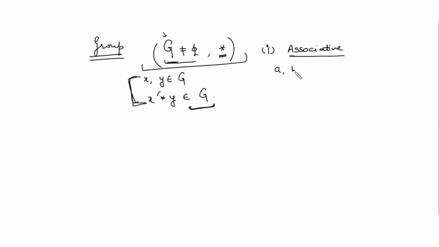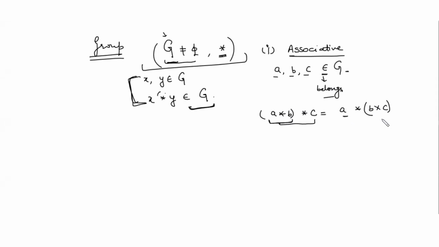If you consider three elements from G, this is a symbol for belonging, and you apply the operation like this: you first apply the operation on A and B, and whatever element you get, you then apply it on C. This is the same as that: you first apply the operation on B and C and then apply with A.